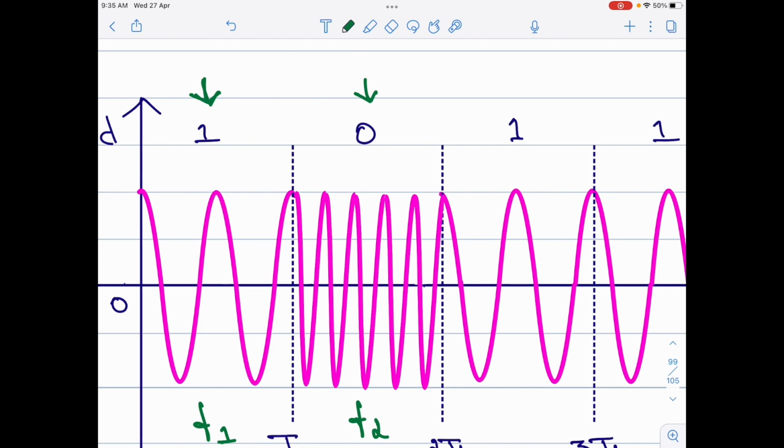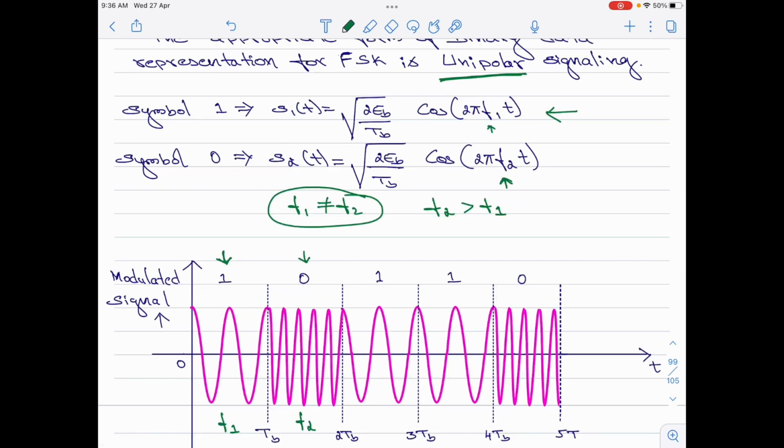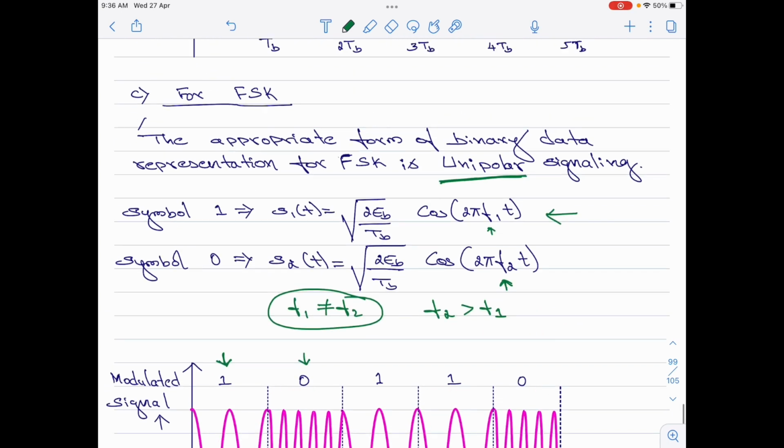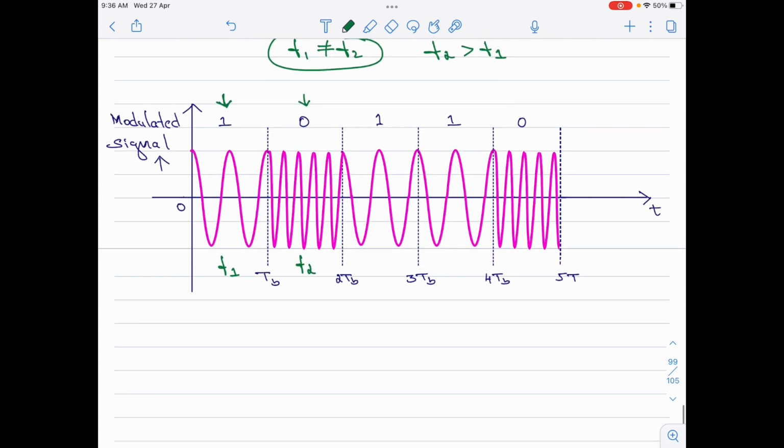Please note, there is no phase change whenever there is a change in the input data from either bit 1 to 0 or 0 to 1. The phase will be kept constant. So, this technique is also sometimes called continuous phase frequency shift keying technique. Please note, it is CPFSK.